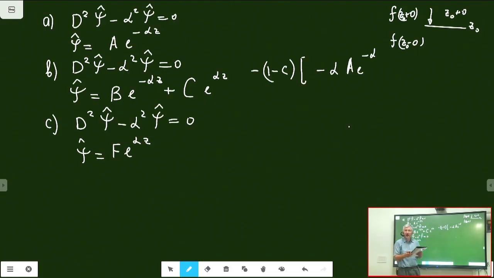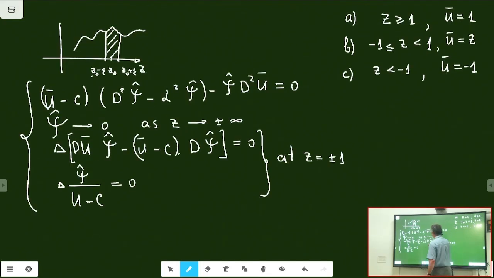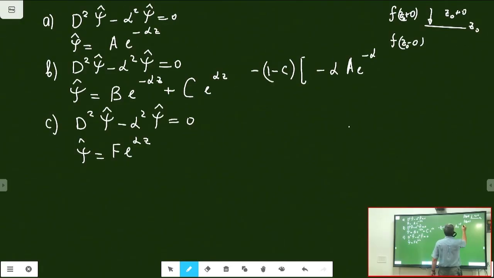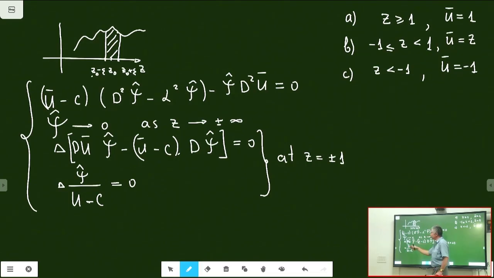Is there anything else which comes from this equation at the top? Anything? No. All right. So this is what we have, and that will have to be equal to the same expression evaluated below it. Below it, u is equal to z. So what's that? 1.